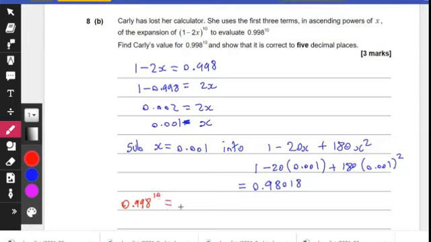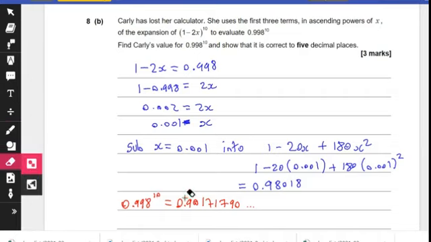I got 0.901790, and I just stopped there. Oh, that's really awkward because it doesn't come out to 0.9018. I said 0.9801790. Oh wait, say that again. I miswrote your answer. 0.9801790.